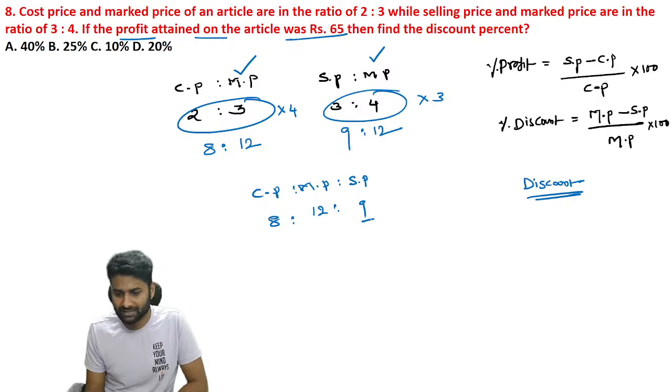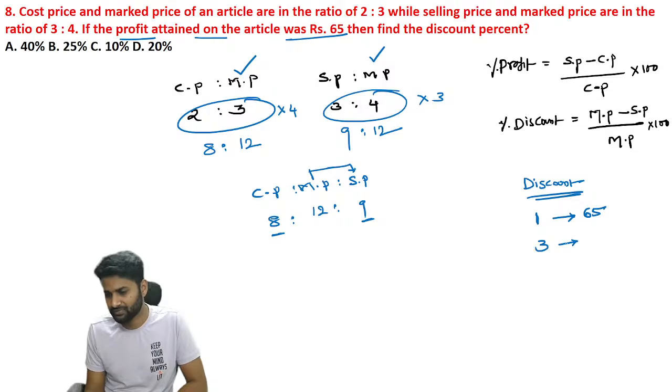Profit is selling price more than cost price, which is 1 unit, so 1 unit is equal to 65 rupees. Discount is market price minus selling price, which is 3 units. 65 multiplied by 3 is 195.